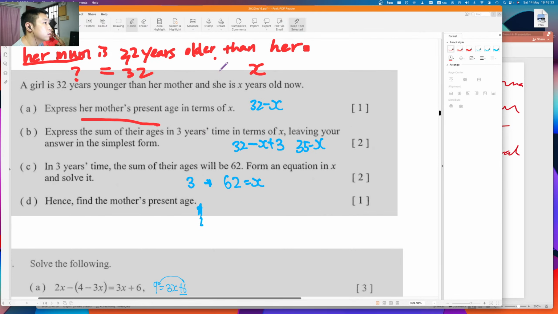Her is X. Older than her means plus, minus, divide, times? Older means plus, right? More than. So older means plus.